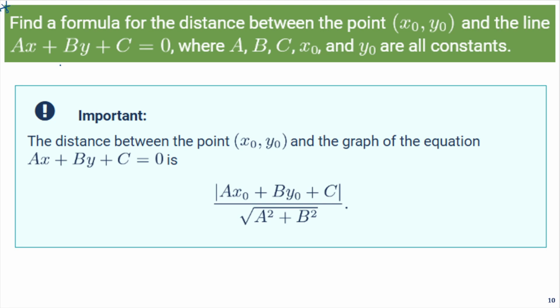If you can find the solution of this problem, then we have the following important conclusion.